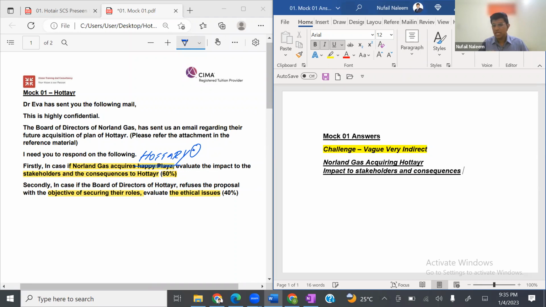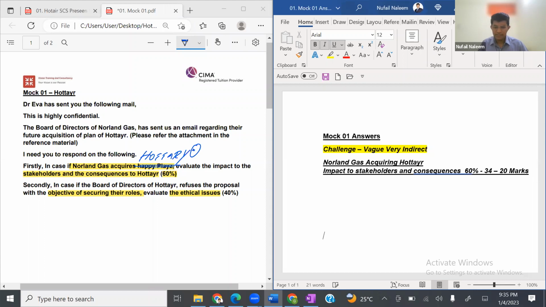Consequences means what can happen in the case of this acquisition: stakeholder impact and the consequences. That is effectively 60 percent. Now, students, if I say this question is 34 marks, if it is 60 percent, somewhere around 20 marks is reflected in this. That is the basic point of view.